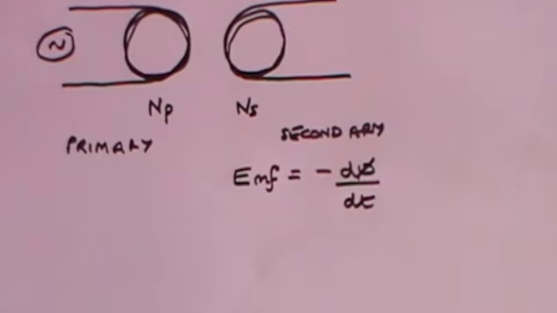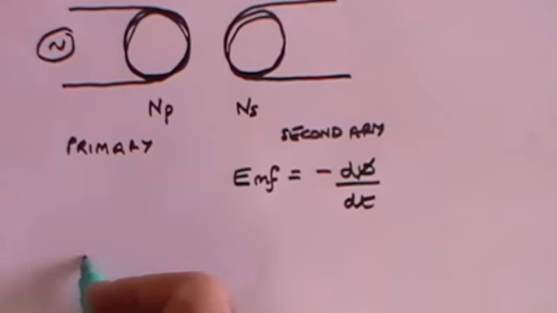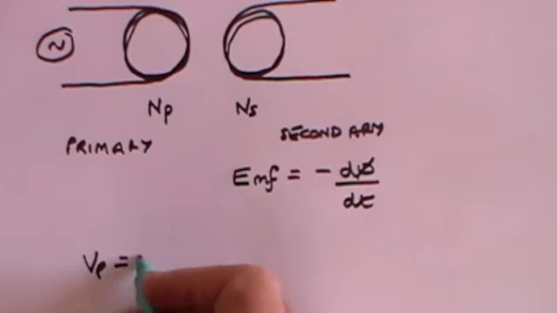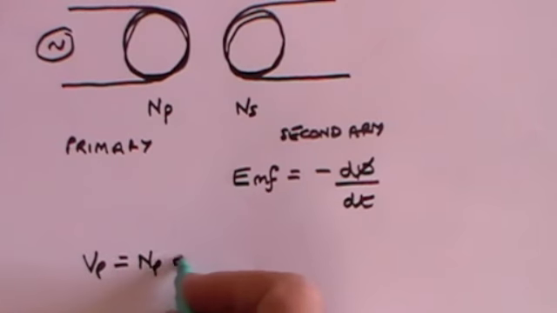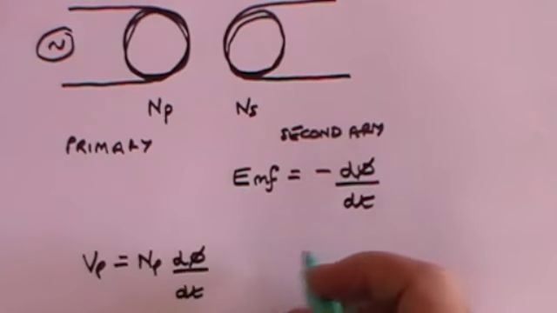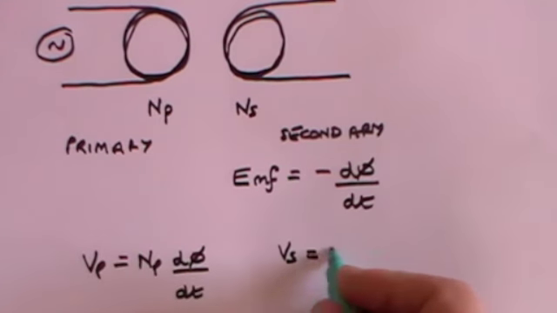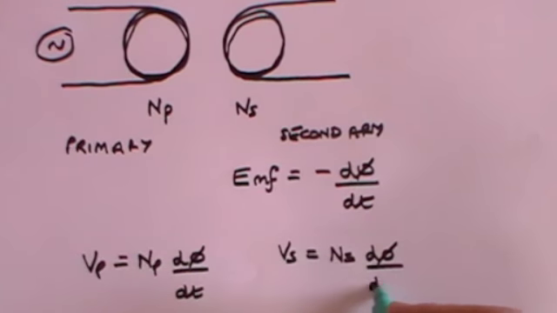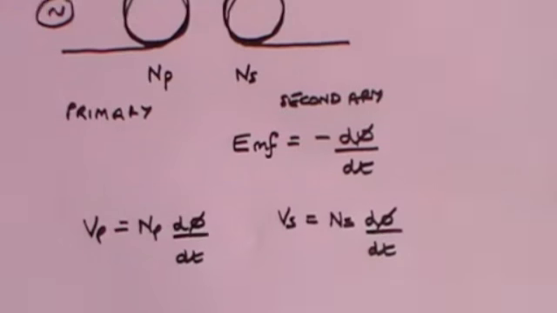And what we have shown before is that the voltage in the primary is equal to the number of turns in the primary times the rate of change of flux, and that the voltage in the secondary is equal to the number of turns in the secondary times the same rate of change of flux.